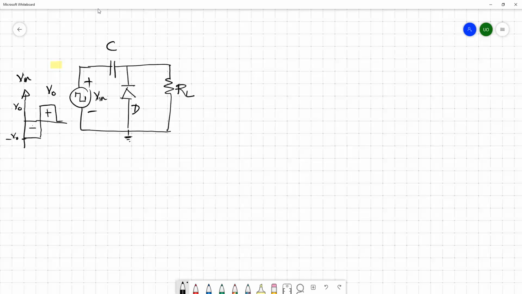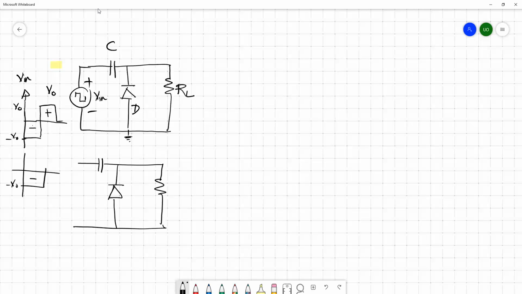Let's think about the negative cycle first, this is minus V. Then we have the capacitor, a resistor, a diode, and a voltage like this.